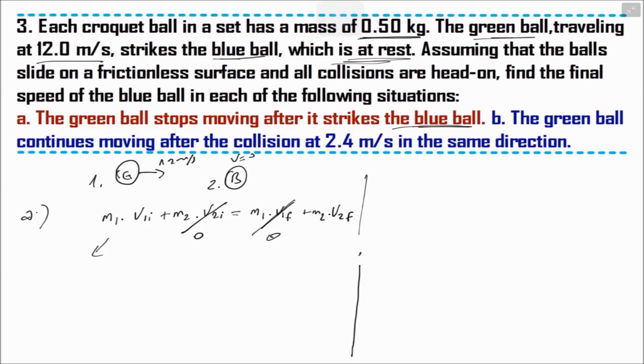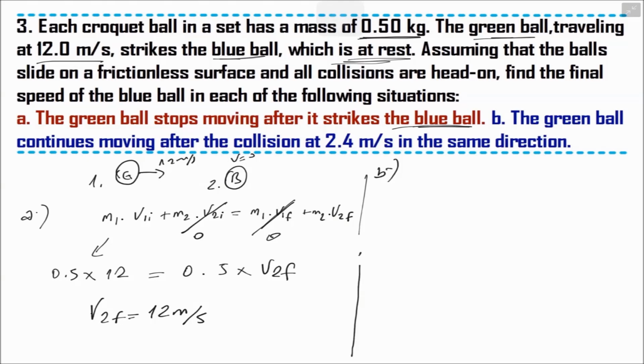So m1 is 0.5 times v1 initial, which is 12, plus 0, equals m2, 0.5, times v2 final, the final velocity of the blue ball. So v2 final will be 12 meters per second, in the same direction as the green ball.